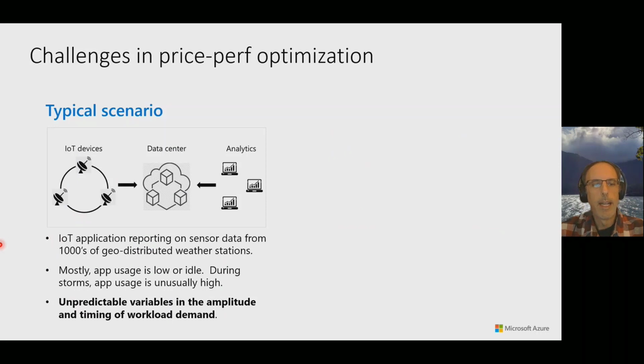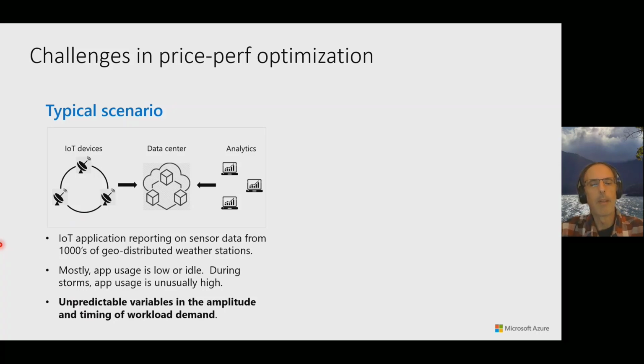So before getting into some details of serverless, it's useful to first step back and consider some of the challenges facing customers when price and performance optimizing their workloads. So consider a typical scenario of an IoT application with a centrally managed database that receives rainfall data from thousands of geo-distributed weather stations.